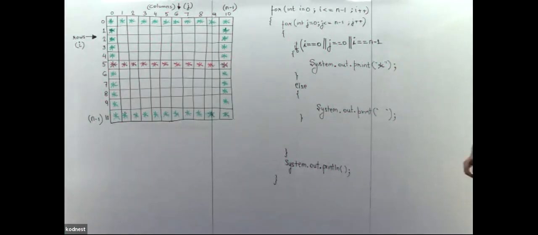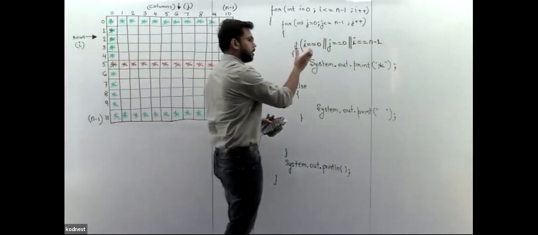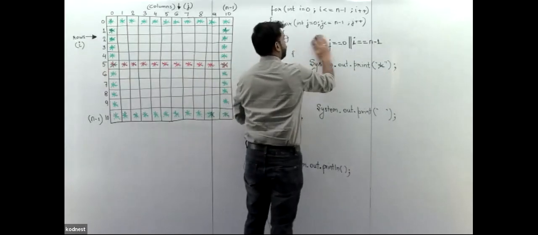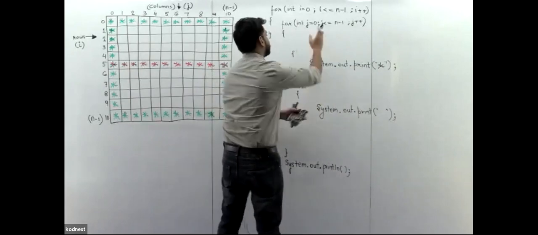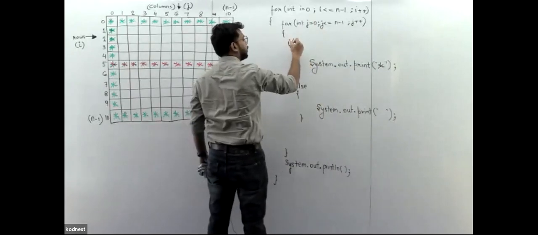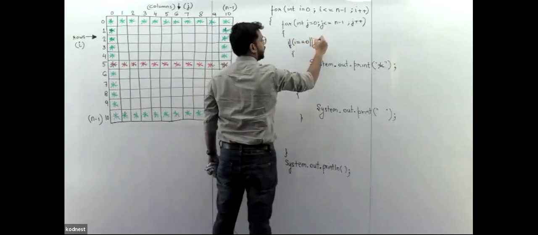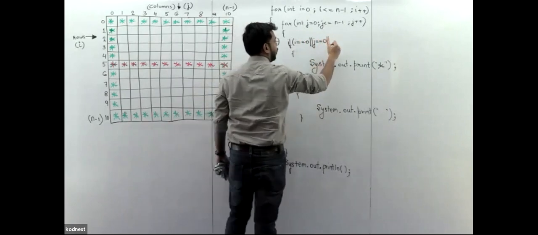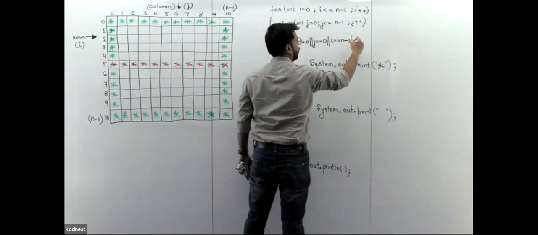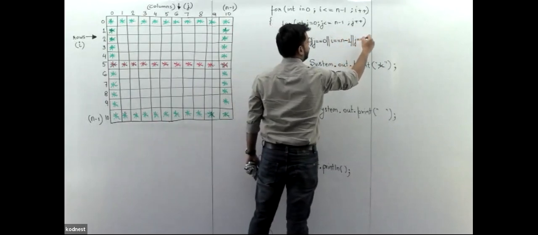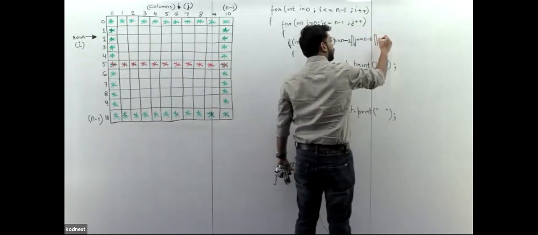Okay, now because you have understood this, I will rewrite it a little bit smaller because many other conditions will be coming. I will tell here like this: if in case i value is 0 or j value is 0 or i value is n minus 1 or j value is n minus 1, I want to print the star, with this or.